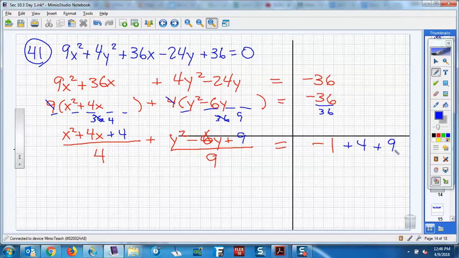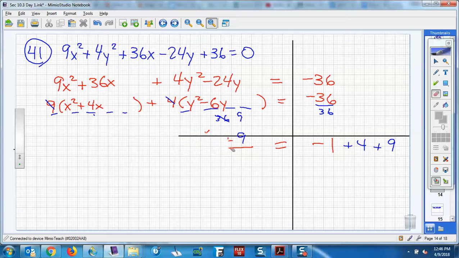Did I really add a 4 to this left side? I did. I really added a 1. So I thought that was going to make this easier. It's not. Actually, it's going to work fine.